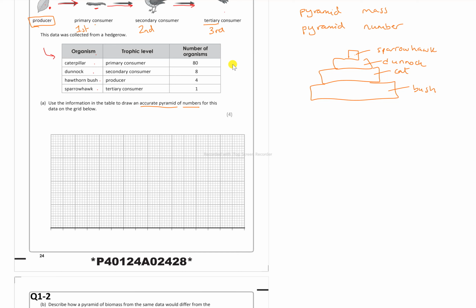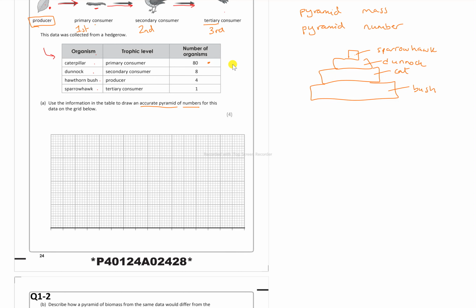Okay, we've got to now draw this somehow. So this looks like a pyramid of the numbers, yeah.